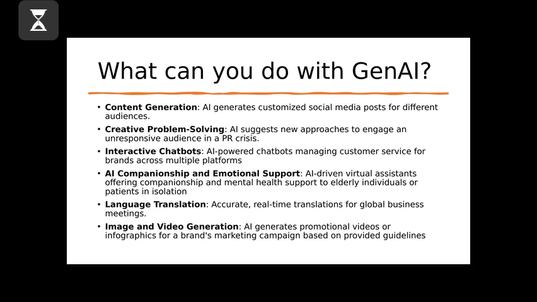AI can create or help you create tailored messages, articles, and visuals for marketing, journalism, or public relations. For example, using AI tools, you can generate customized social media posts for different audiences. It can also assist you in brainstorming and generating innovative solutions in communication strategies.